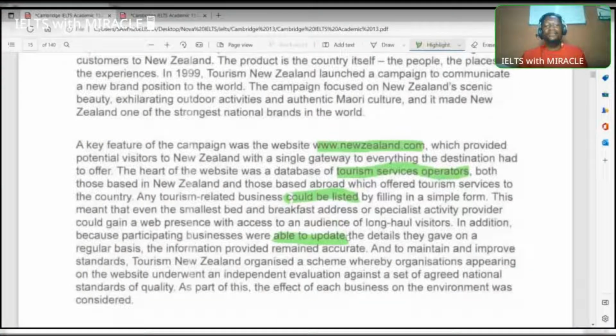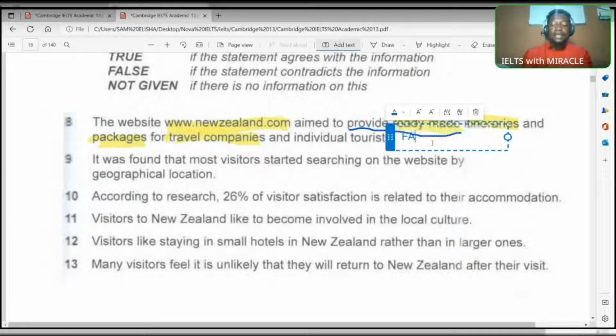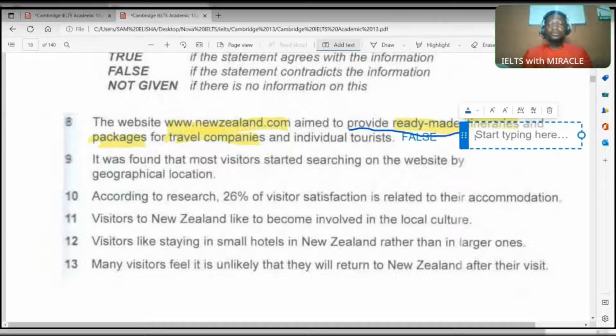So that means it is not ready-made. If it is not ready-made, then the answer will automatically be false. I hope you're following.